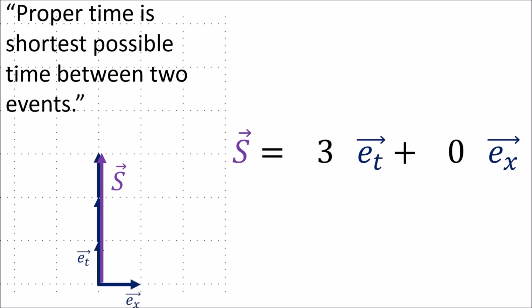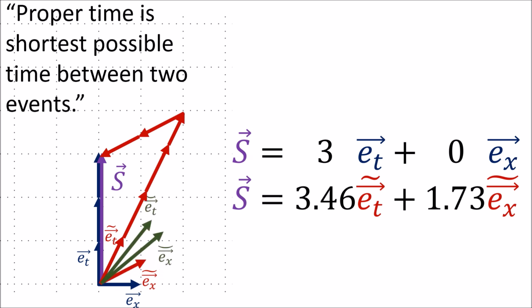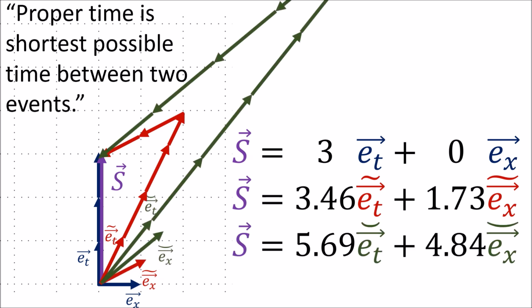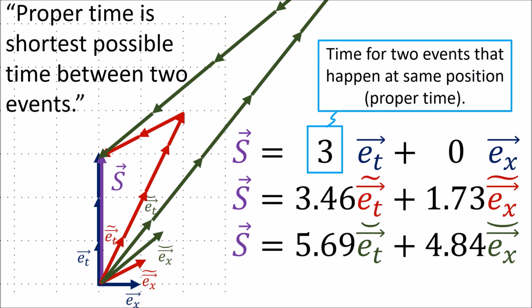When I said the proper time is the shortest possible time between two points, I was talking about a clock moving in space-time along a single vector, and what happens when we measure the components of this vector in different reference frames. The time where the two events happen at the same position, the proper time, will always be the shortest of all of these times.